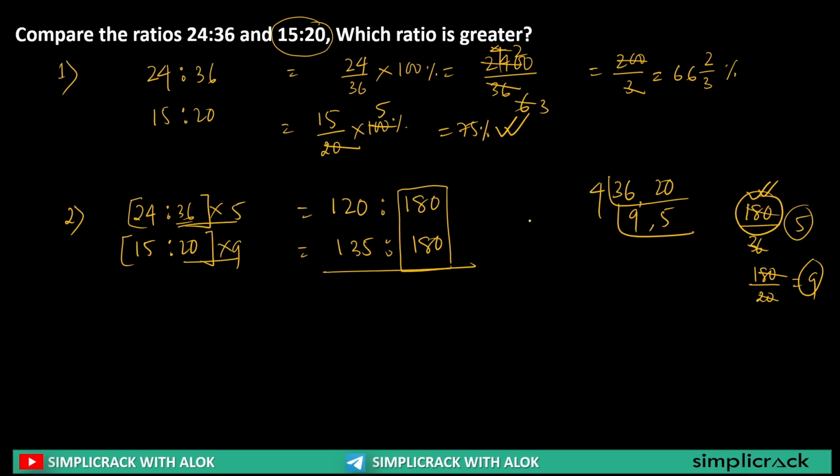Okay, now you see, in this ratio, both consequents are equal.